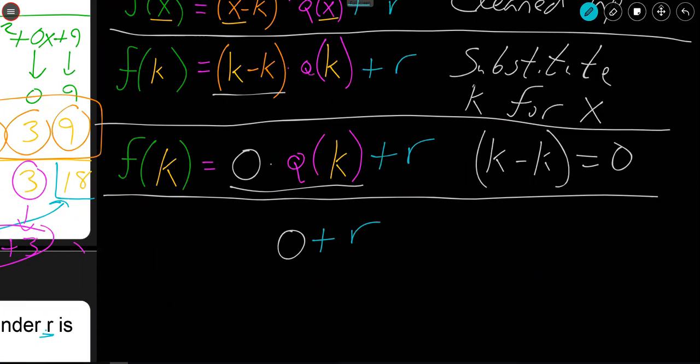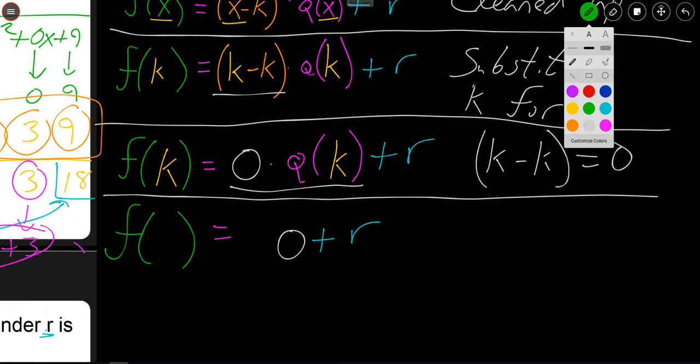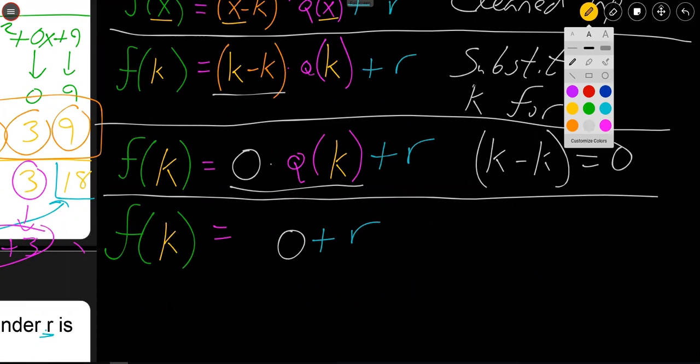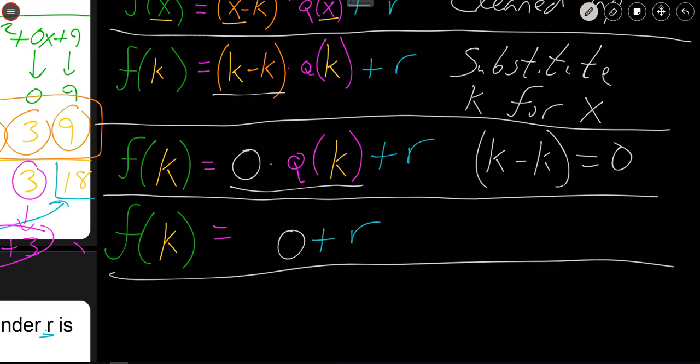I have 0 plus r, and f of k still on the left side. And then finally, 0 plus r, of course, that's going to equal 0.